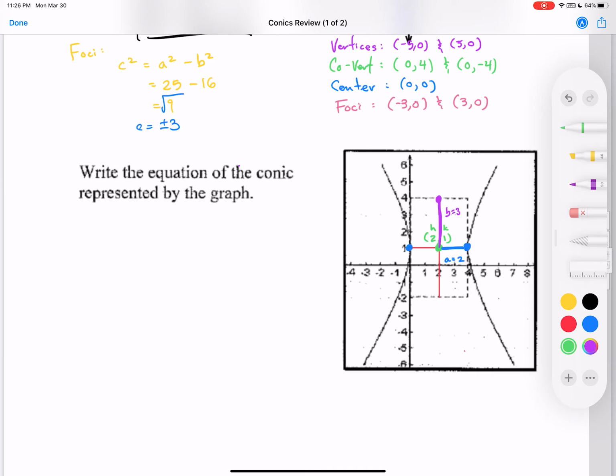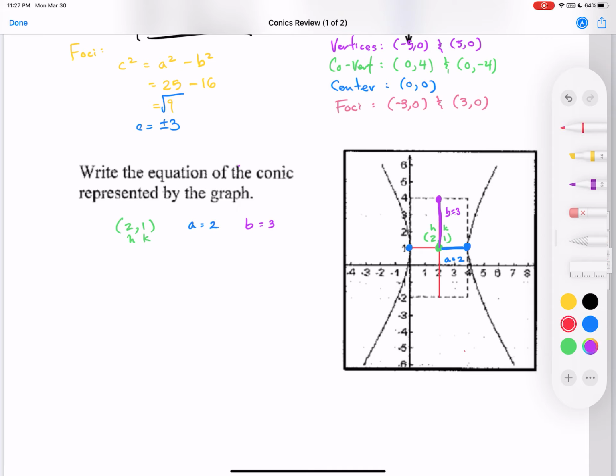So let's write all that down over here. We got our center at 2, 1. That's our h and our k. We have our a value at 2. We have our b value at 3. Now we said earlier that this is going to be a hyperbola, and we know that it's a horizontal hyperbola just by looking at the direction that it's opening.